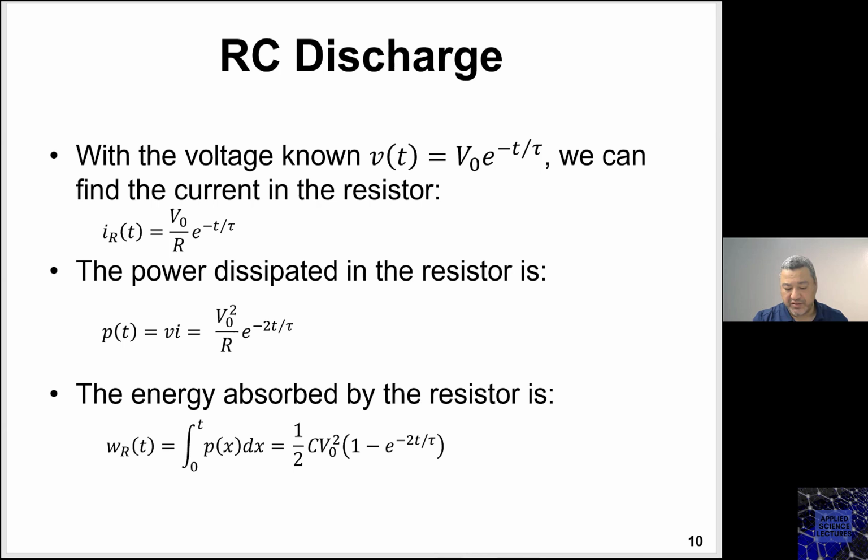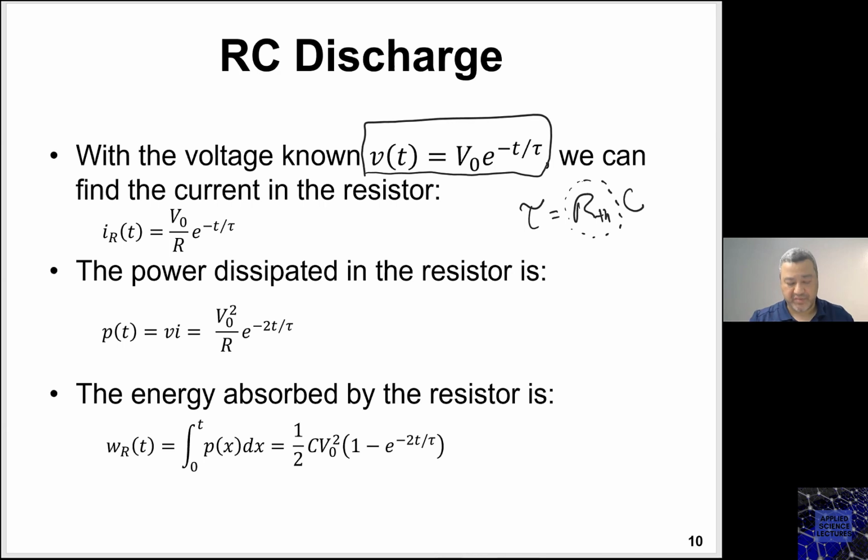This is, as I said, the voltage response for an RC source free circuit, starting from V naught and being dissipated. So don't forget that tau is R Thevenin C, whatever the value of your capacitor, and then you should be looking for the R Thevenin if the circuit is made of more than one resistor.